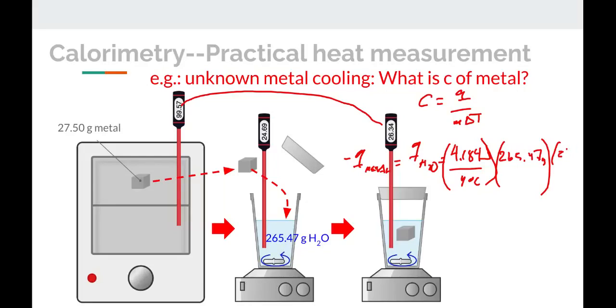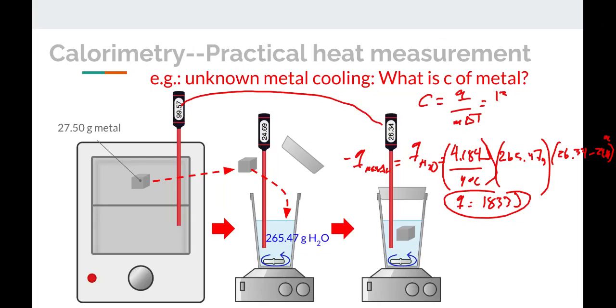And it went to 26.34 from 24.69 degrees C. So when we quantify all that, the Q that went into the water ends up being 1,833 joules. Okay, so now we know everything we need to find the specific heat capacity of the metal.